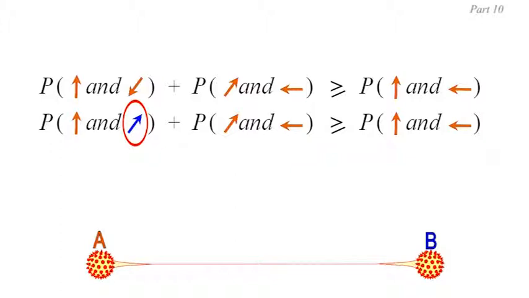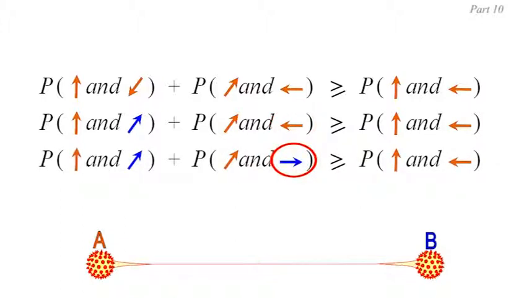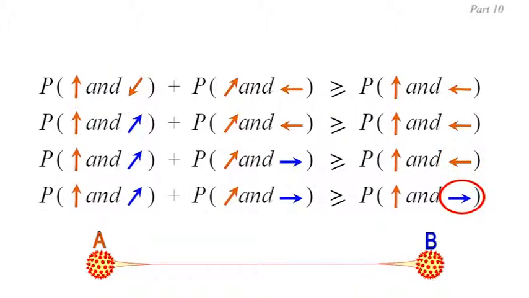So there's the blue arrow up at 45 degrees instead. Similarly for this one, an A electron with spin in the negative x direction means that the B electron must be in the positive x direction. And I'll change this one, which is the same as I've just done really.